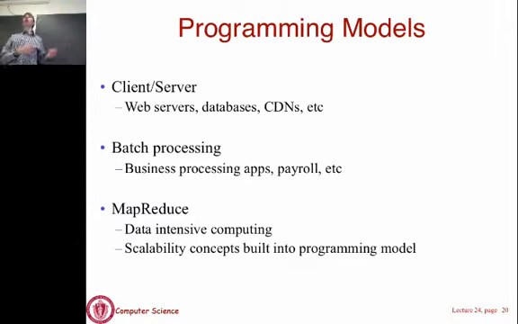We talked a few classes ago about RPCs as an example of a programming model to write distributed systems. Something like a simple client-server application is a very natural fit for that. And of course, you can also program machines in the cloud in the same way. But then there are other programming models which are more oriented towards a cloud computing type environment. So for example, something like MapReduce, which I'm sure some of you have used before.